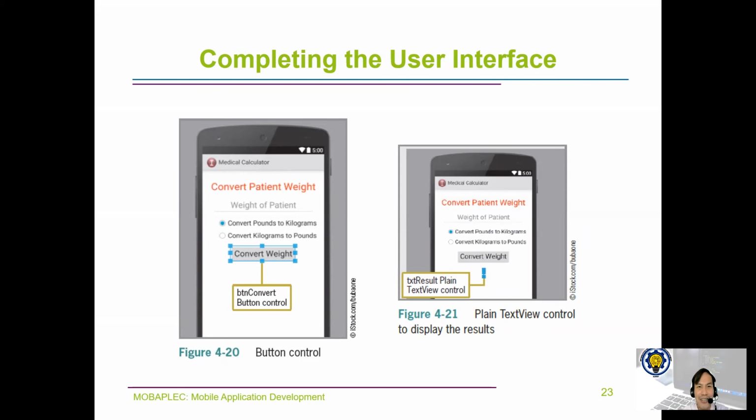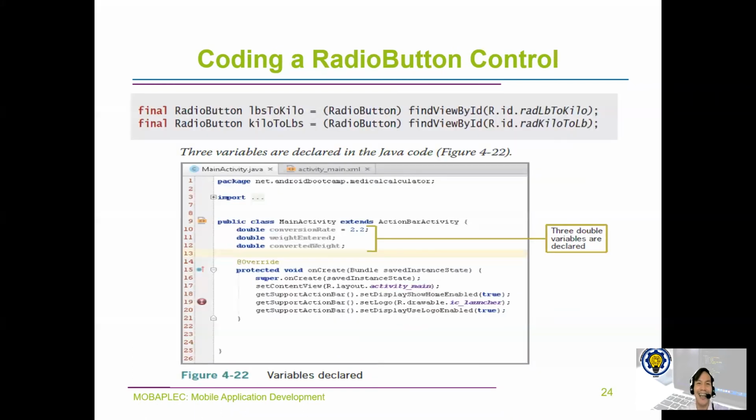But of course, here in Android, you need to know what particular setup to consider, especially in modifying or editing particular codes. So the main highlight of this, in slide 24, is the coding.